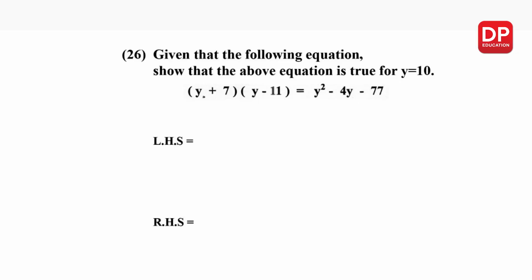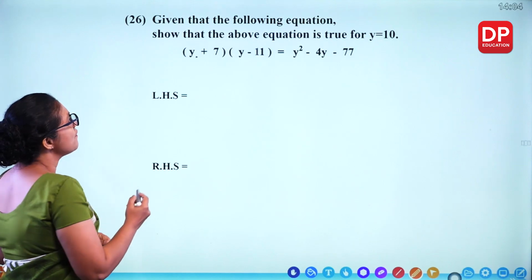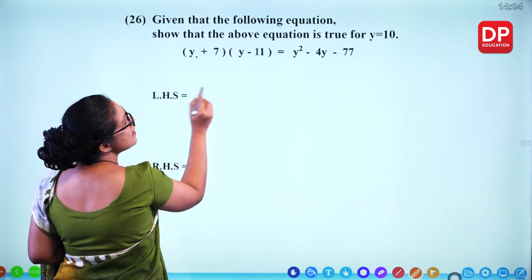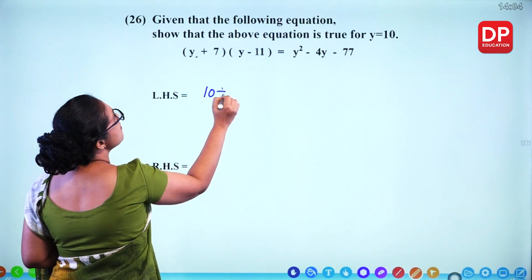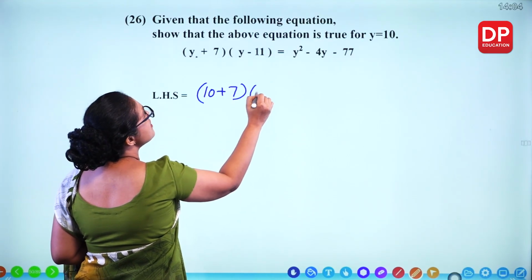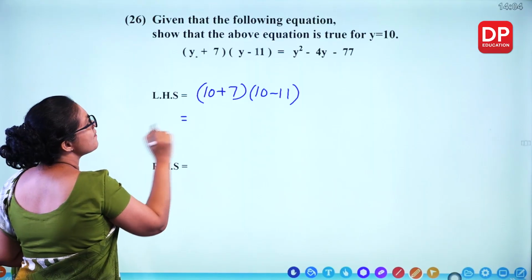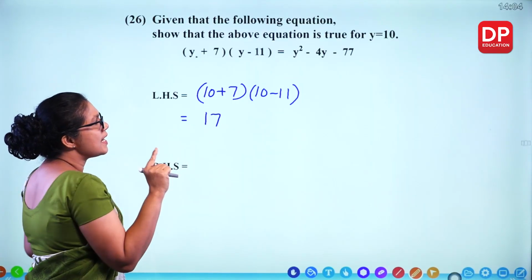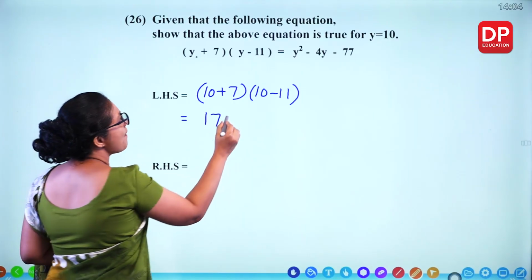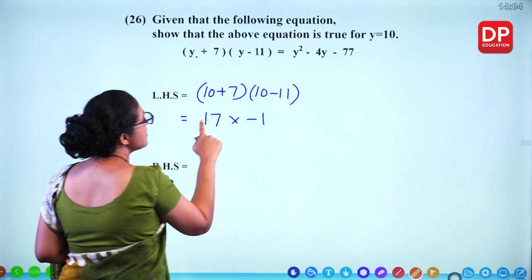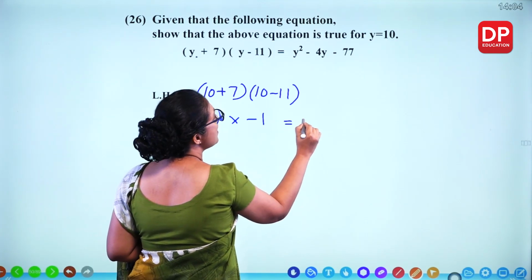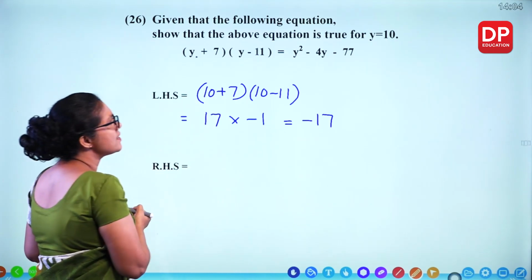Given the following equation, show that the above equation is true for y equals 10. So left hand side, substitute y equals 10. 10 plus 7, 10 minus 11. So what's 10 plus 7? 17. 10 minus 11, minus 1. 17 times minus 1, minus 17.